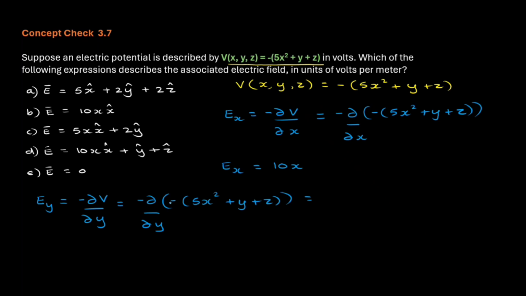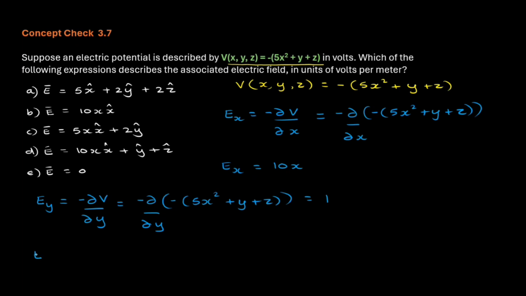So minus minus here becomes plus. The first term does not contain y, and since we are taking the derivative with respect to y, x will be considered constant here, and the derivative of a constant is 0. So the first term will be 0. The second term is just y, so the derivative of y is 1. The third term again does not contain any y, and z is treated as a constant, so the derivative of a constant will be 0. So Ey is just 1.